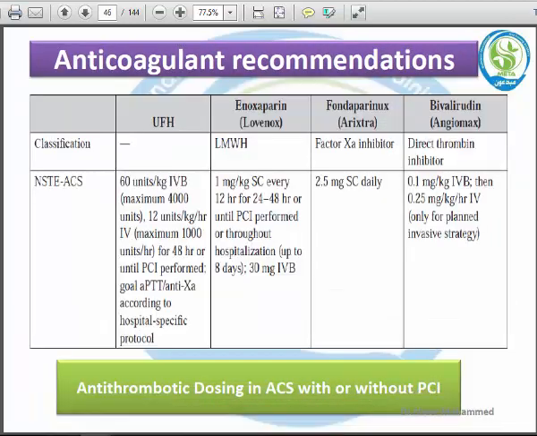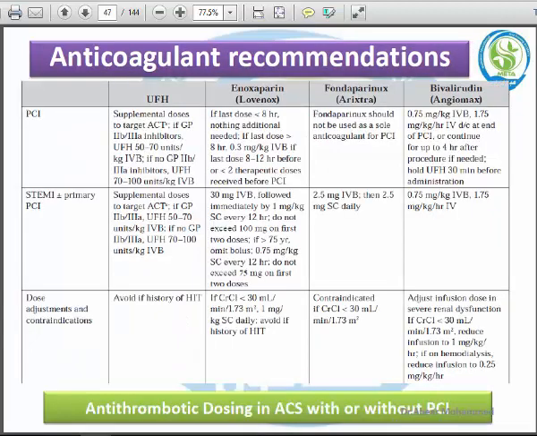According to the diagnosis, it can be non-ST acute coronary syndrome with PCI or STEMI with primary PCI. Dose adjustment and contraindications: unfractionated heparin and enoxaparin should be avoided if there is a history of HIT. We can use unfractionated heparin safely in case of renal impairment.